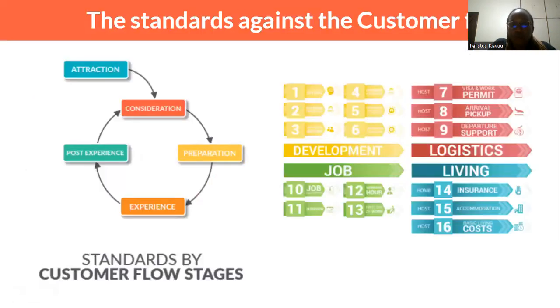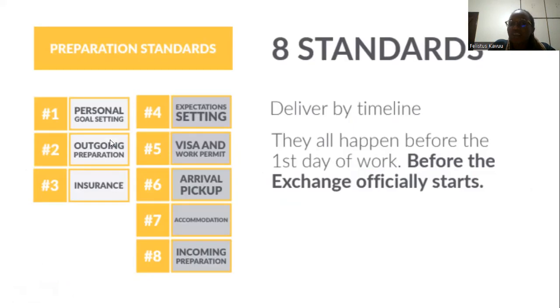Remember, for the customer flow, we have attraction, consideration, preparation, experience, and post-experience. The standards begin from the preparation stage. So from that stage, be very conscious of what you're doing and ensure that it aligns with the standards and what is required. We have these standards under the preparation stage.